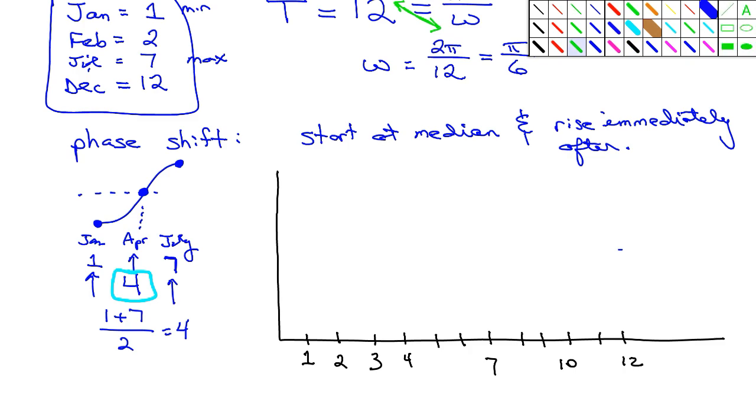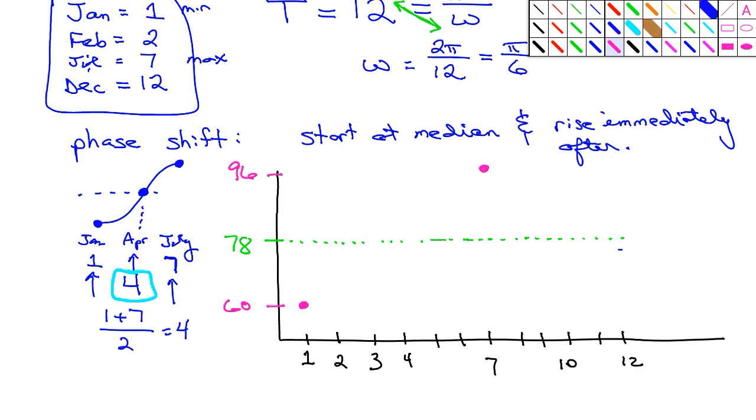The median is at 78. There it is. And we're going to have the minimum, which is going to be 60 in January. And then we'll have the maximum, which is 96 in July, month 7.